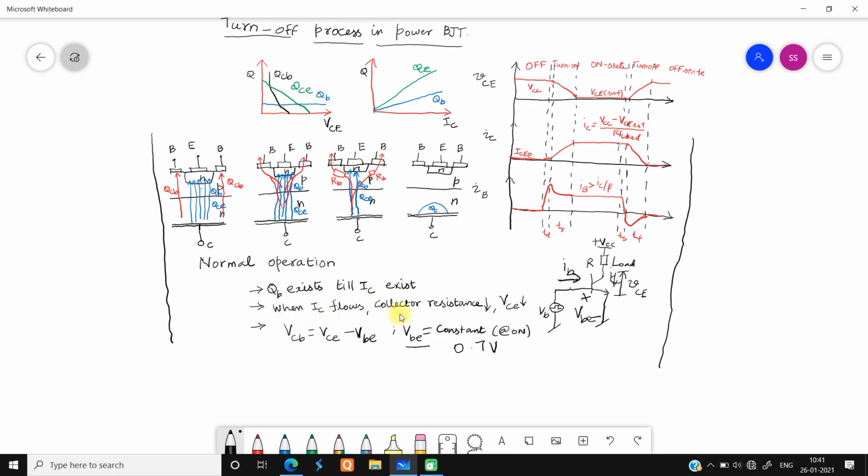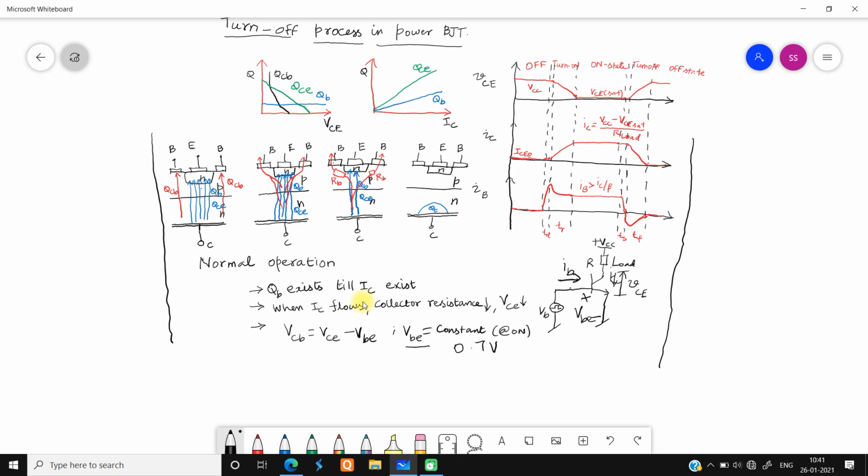When the IC is flowing, the collector portion of the power BJT is much larger, that is, the substrate which mainly constitutes the collector surface will be somewhat larger, and also in the power BJT compared to the normal BJT, the power BJT has the collector drift area too. So if you accumulate these two regions, the collector region becomes a very much extended portion.